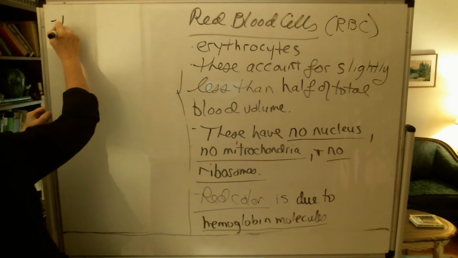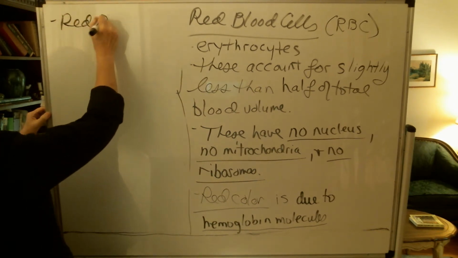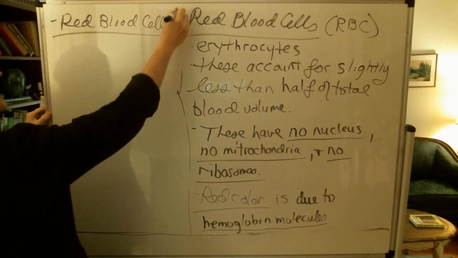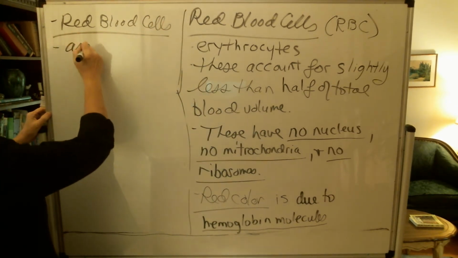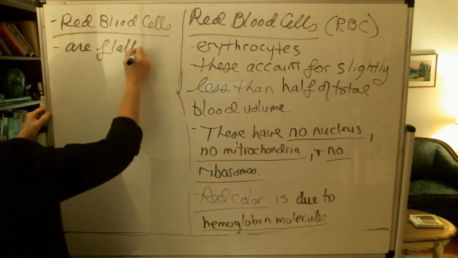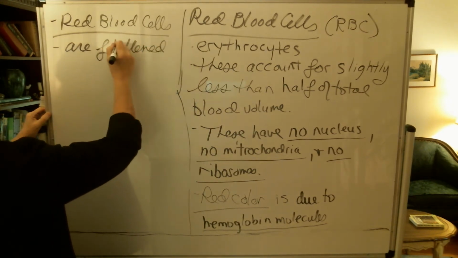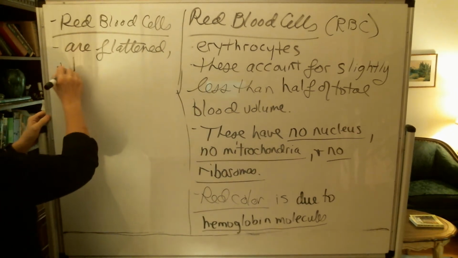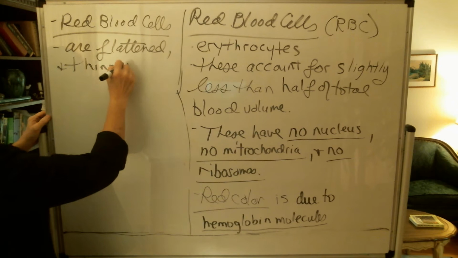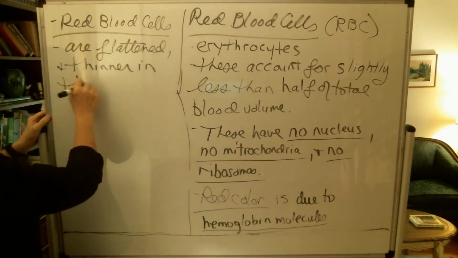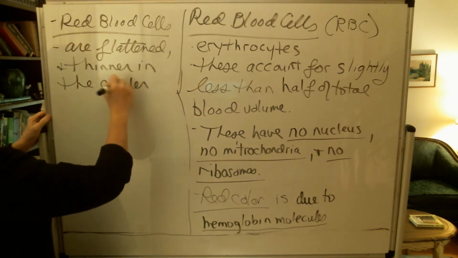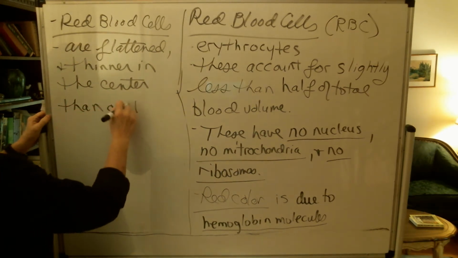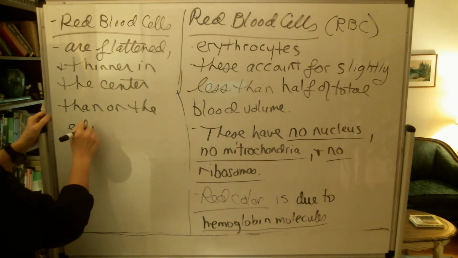So, red blood cells, then, are flattened and thinner in the center than on the edges.